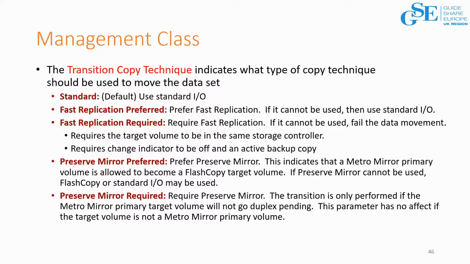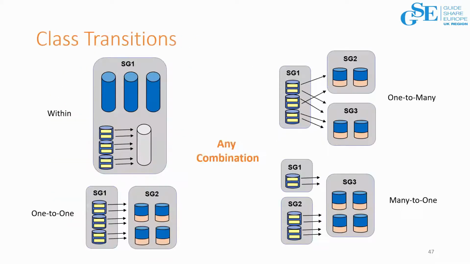The transition copy technique indicates how the data set should be moved, and you can specify standard IO, fast replication, or preserve mirror preferences and requirements for that. This slide shows that storage groups and ACS routines can be configured in any combination to transition data from one set of devices to another.